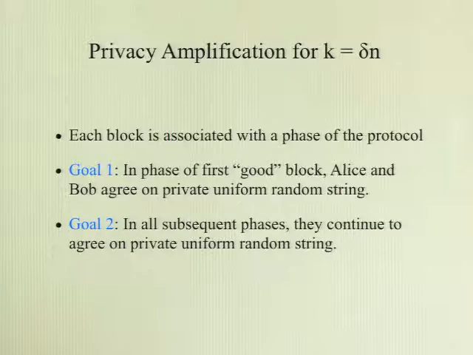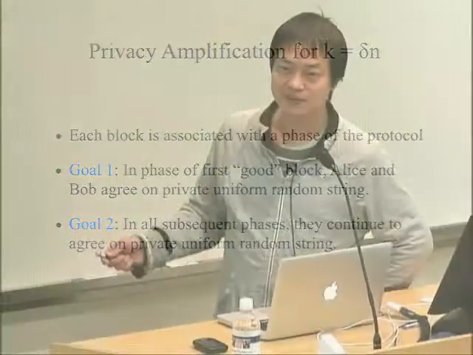And the second goal we want to achieve is that once this is done, we somehow want to guarantee that in all subsequent phases, they continue to agree on some private uniform random string. If this is the case, then we can just use the output from the last phase as the final output. Because here they agree on a uniform random string, and then they continue to agree on a uniform random string, so at the end, they still agree on some uniform random string.